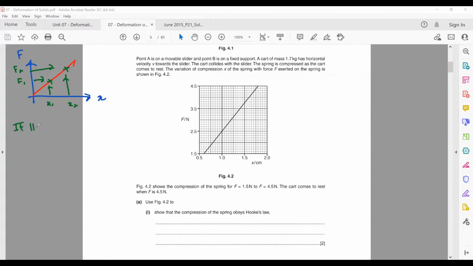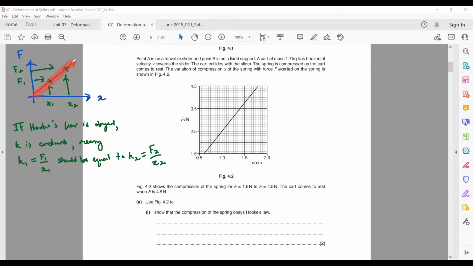Basically, if Hooke's law is obeyed, k is constant, meaning k1 equals F1 over x1 should be equal to k2, F2 over x2.